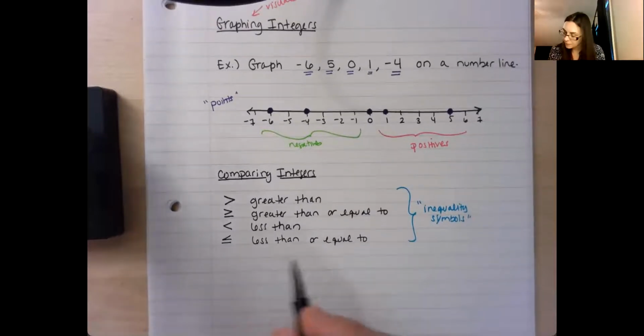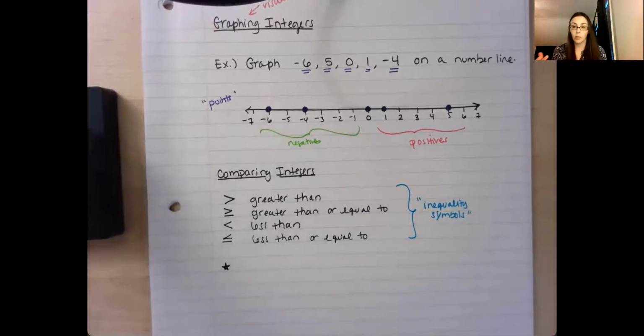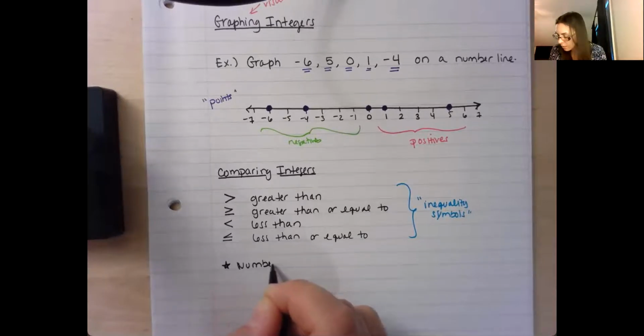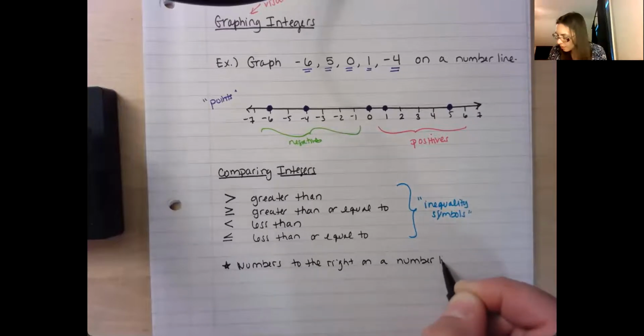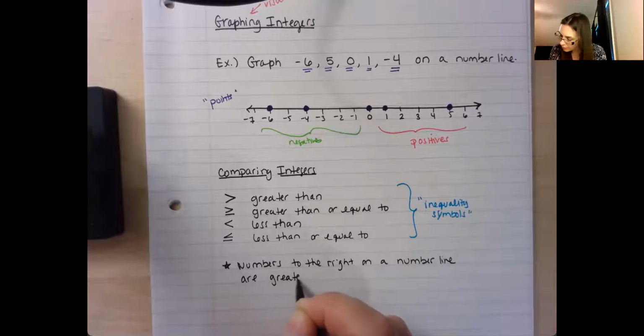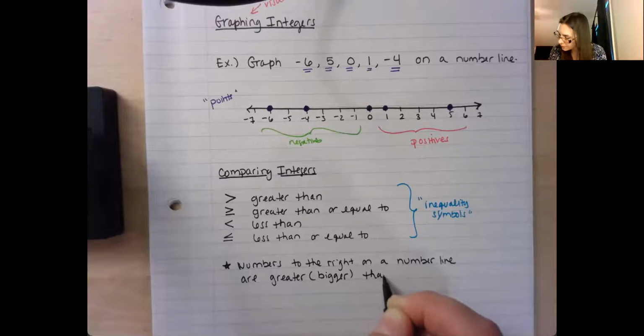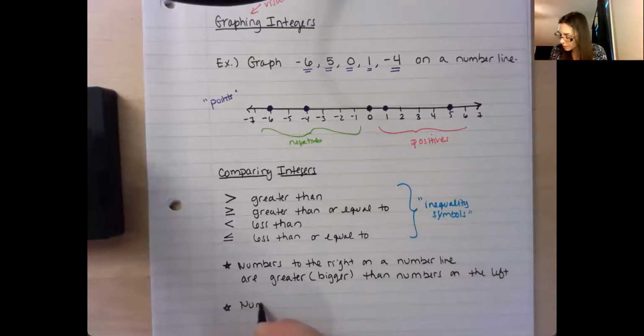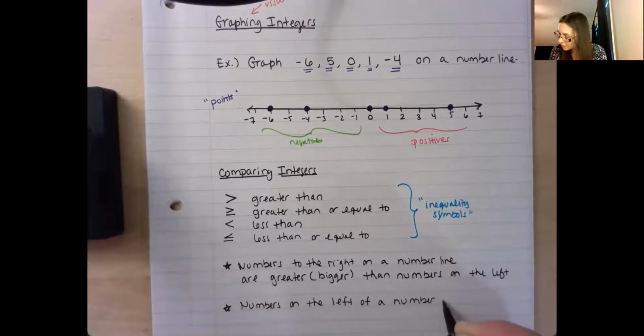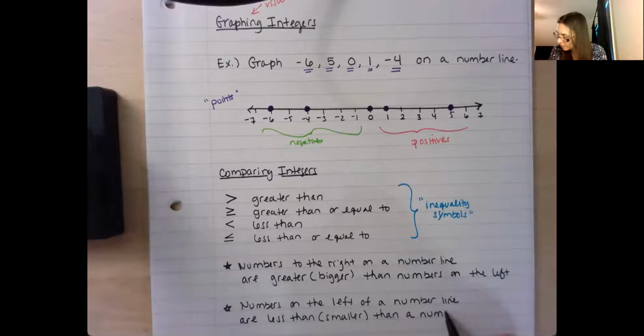Now, what you're going to notice is that when using a number line, numbers to the right on a number line are greater or bigger than numbers on the left, and numbers on the left of a number line are less than or smaller than a number on the right.